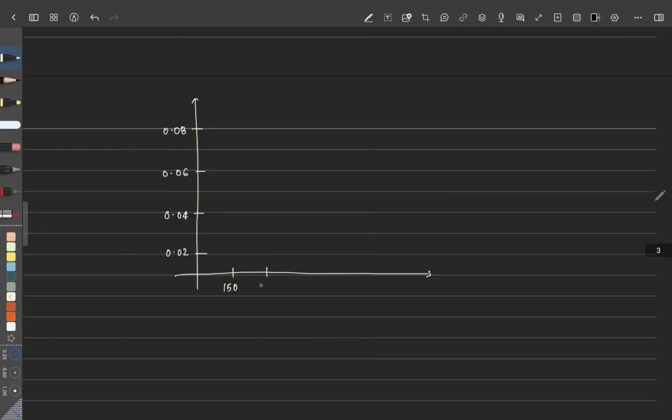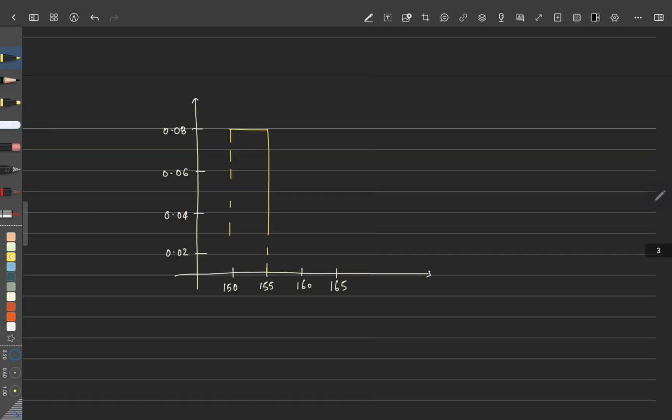Here would be 155, then 160, and then 165. If we draw it, it would be something like this. The first bin, 150 to 155, would be 0.08, right? So let me do it this way.